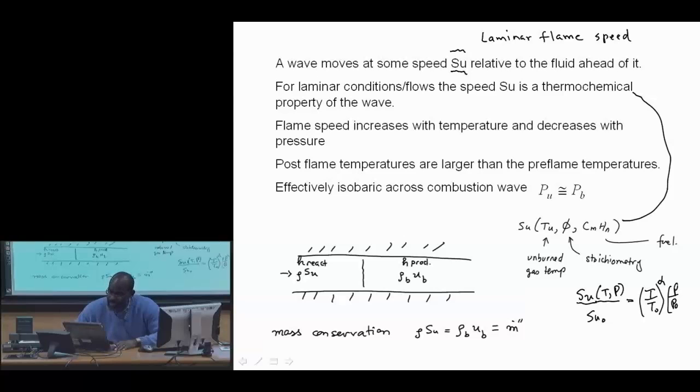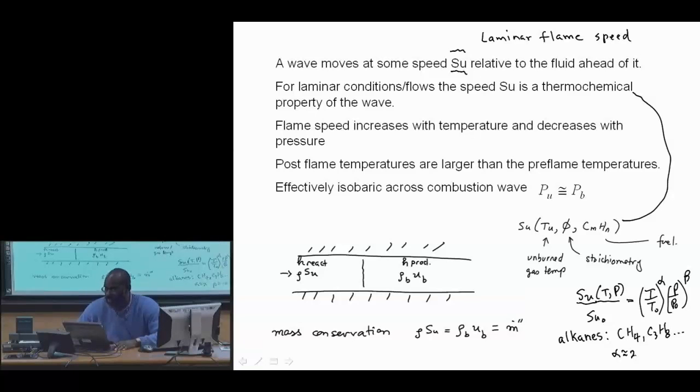So for a lot of hydrocarbon fuels that we might deal with, say alkanes, things like methane, propane, etc., alpha looks like about 2, and beta is a weak negative function, so say minus 0.2.